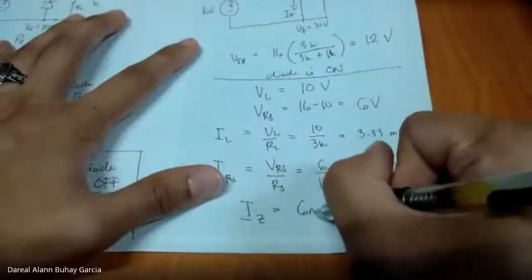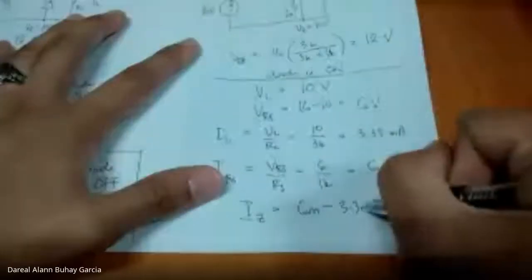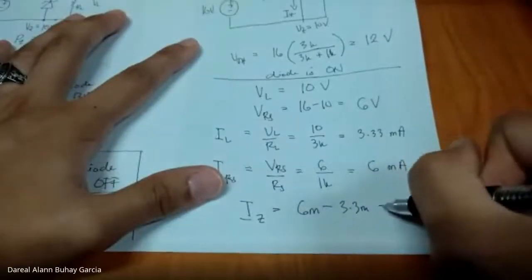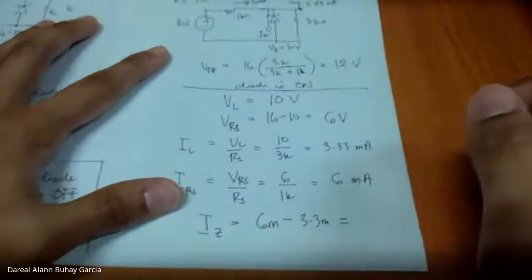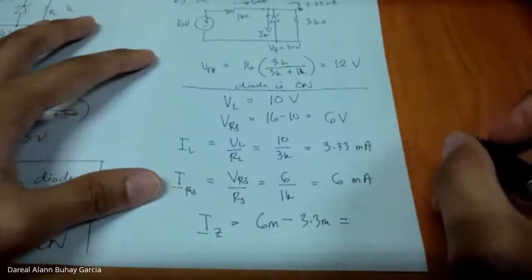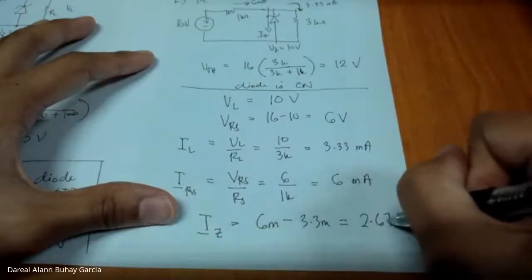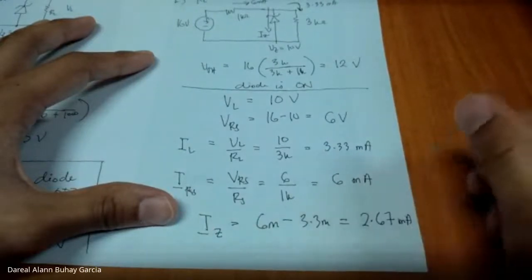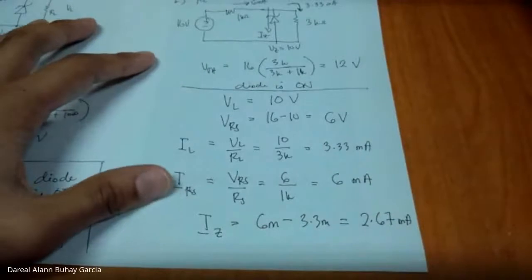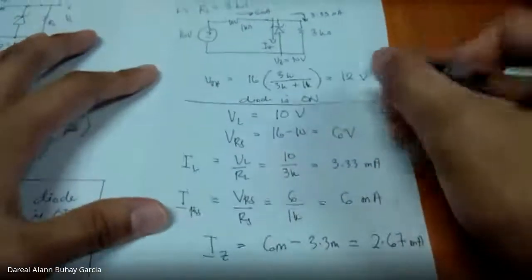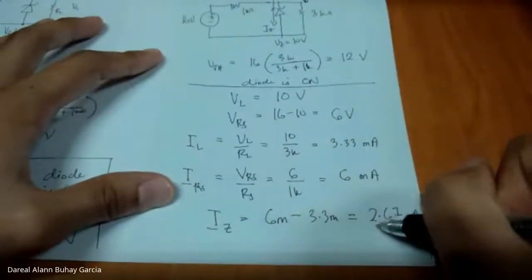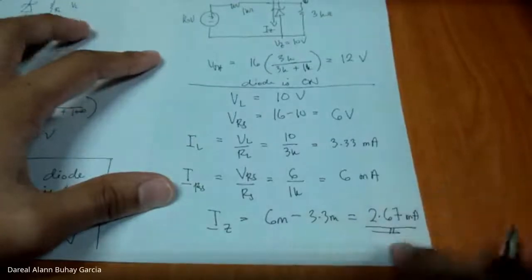So 6 milliamps minus 3.33 milliamperes is equal to 2.67 milliamperes. Okay? So sa significance ani ron. So these are the values. What's the significance of this one?